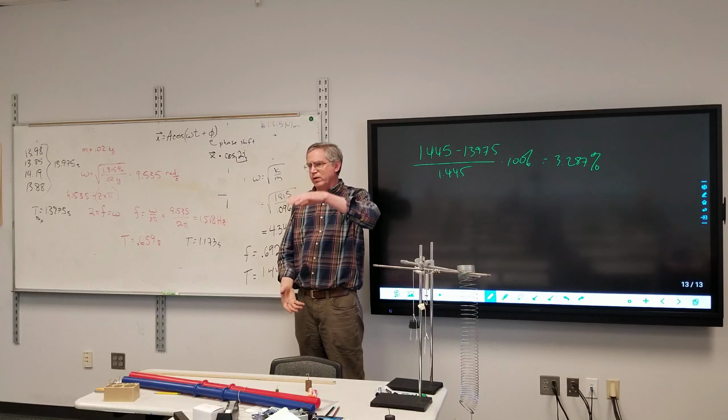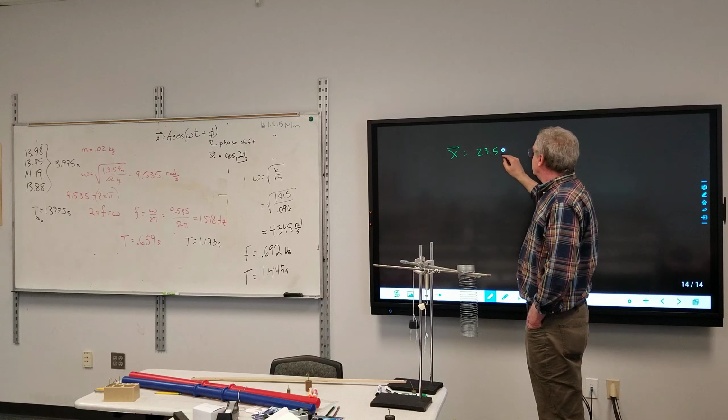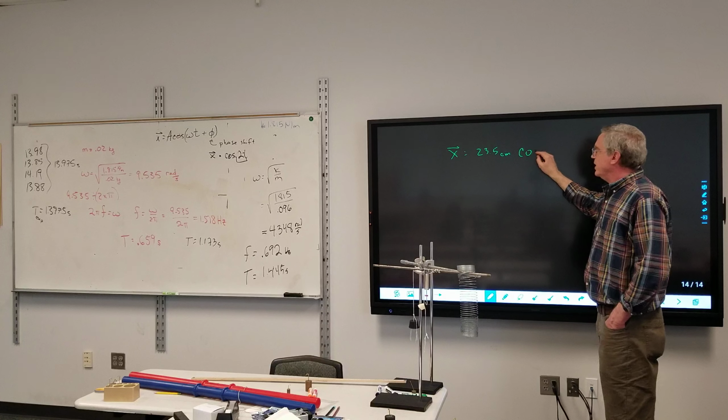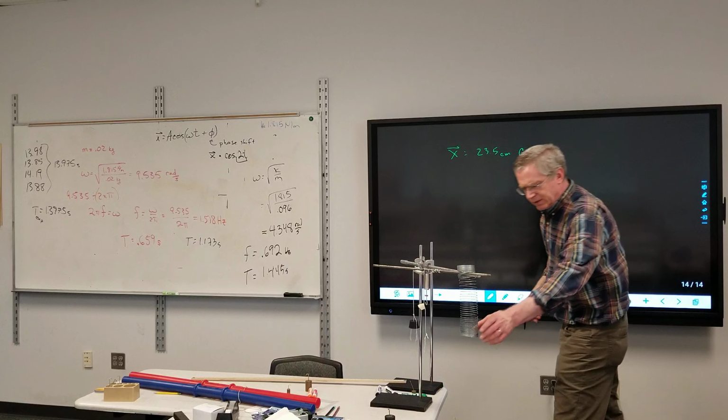Now, if I wanted to actually come up with an equation for this, I'm going to do a crude estimate here of how far it stretches. So putting 0 there, if I took that off, that's about 23.5 centimeters. So my position: 23.5 centimeters times the cosine, since I started at the top.